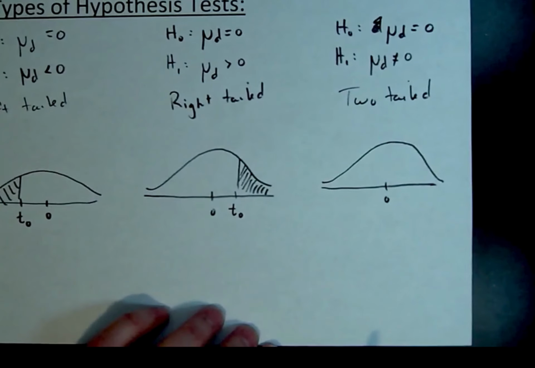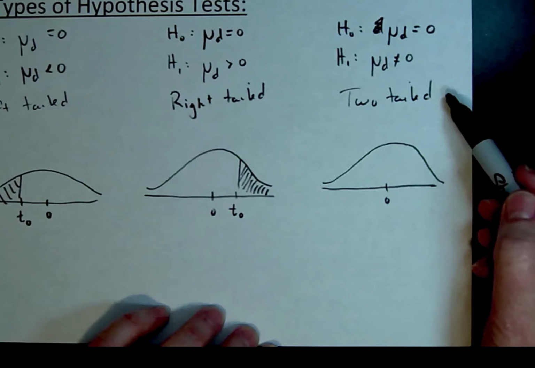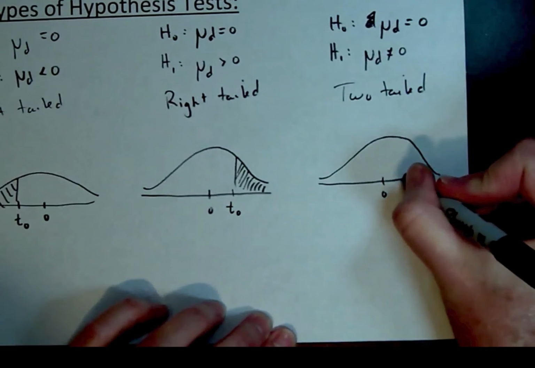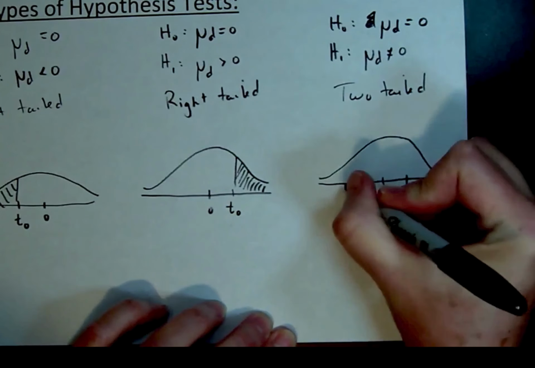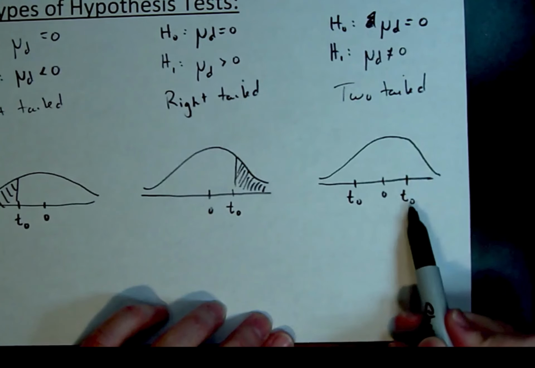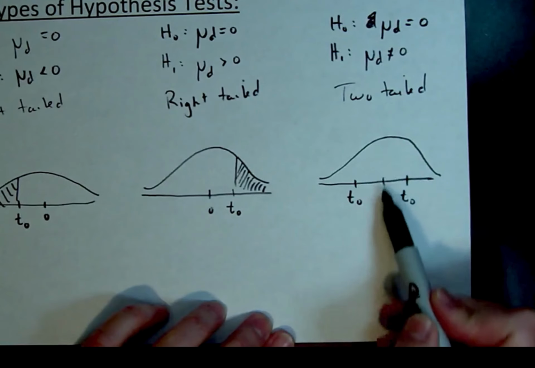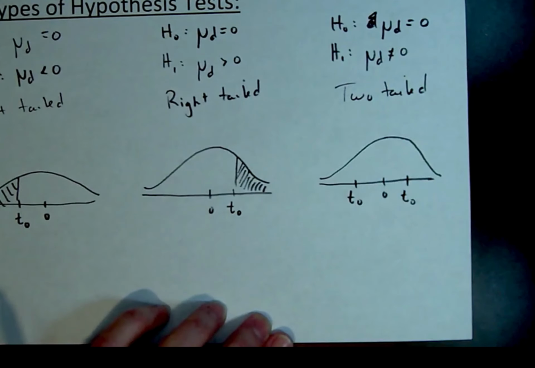We're going to get a test statistic. Now, sometimes the test statistic will be positive, sometimes it will be negative. So I can't just write t naught on either side because I don't know which side. If t naught's positive, it should go here. If t naught's negative, it should go there. Because remember, 0 is right in the middle of the t distribution.